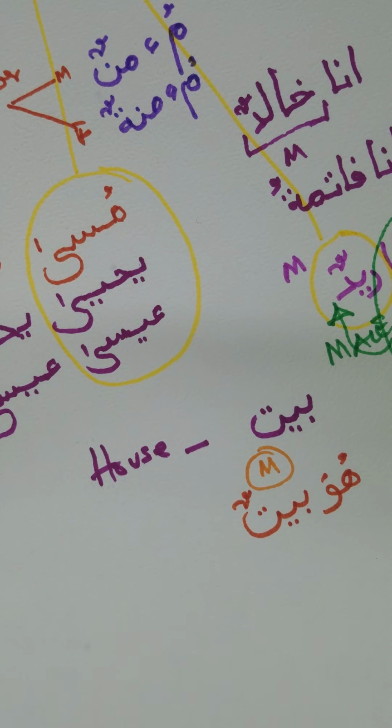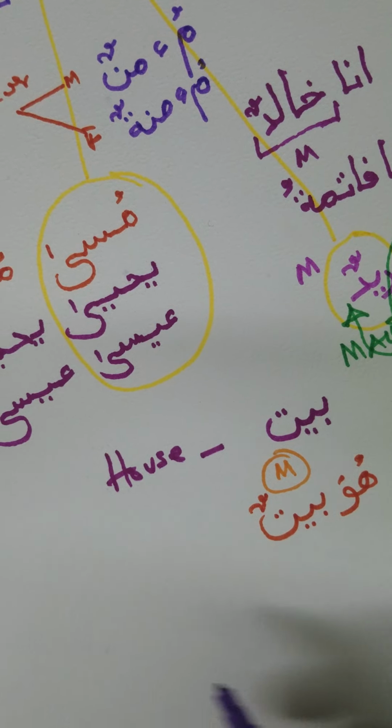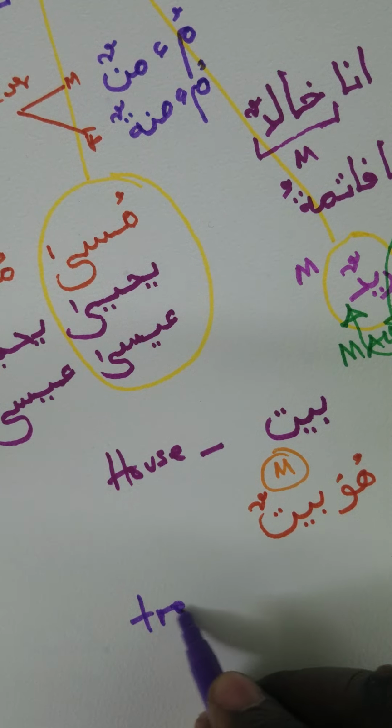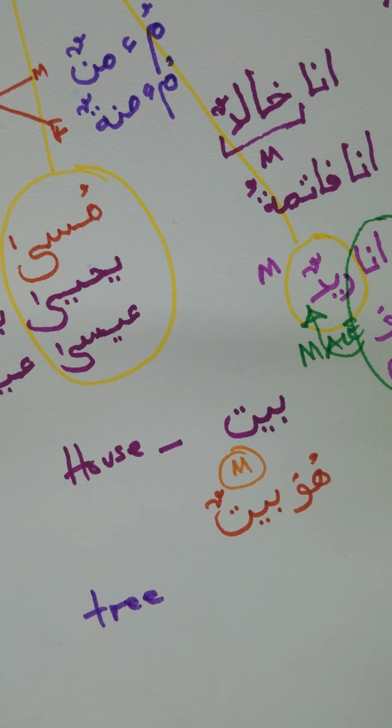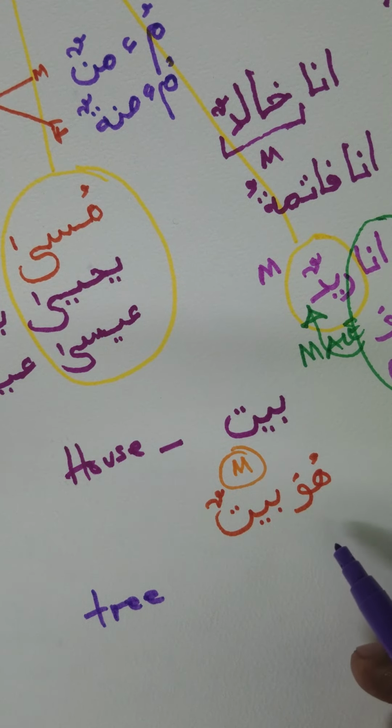What if we have a name like tree? We said tree is, anyone that remembers, shajra.